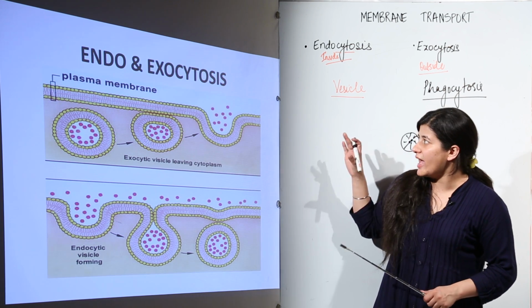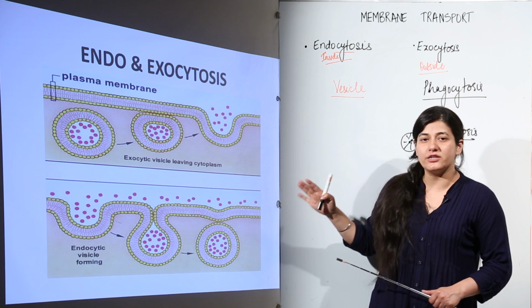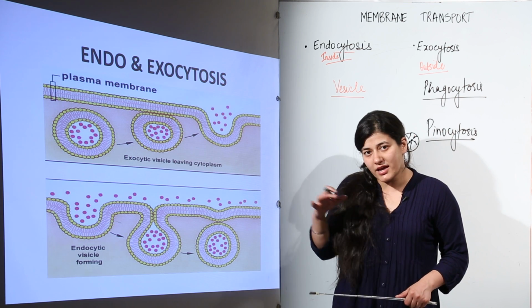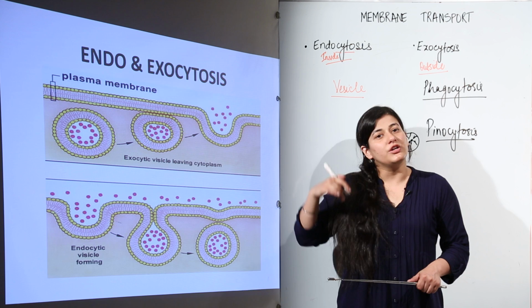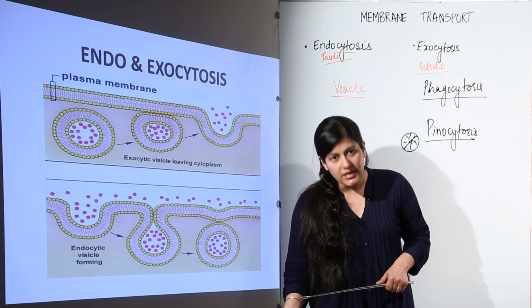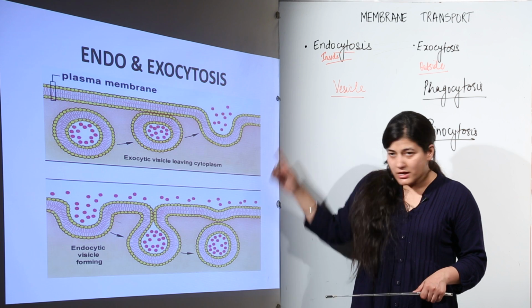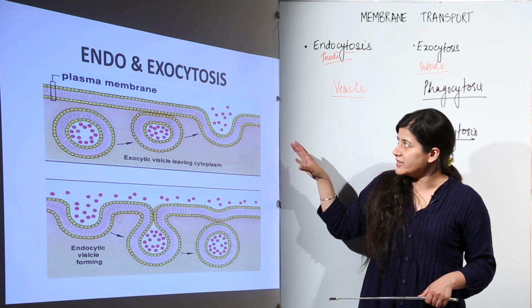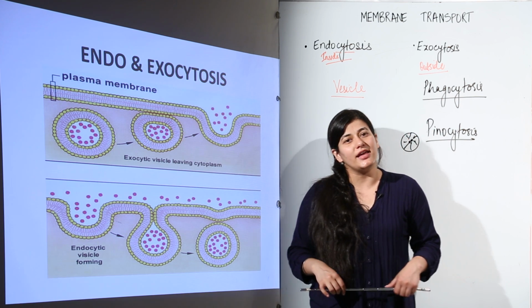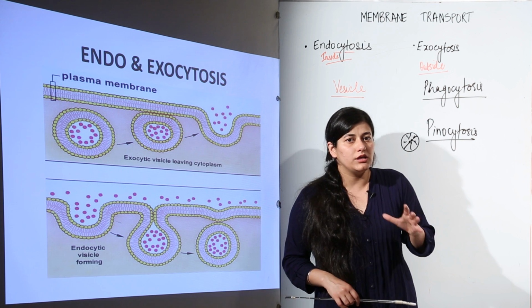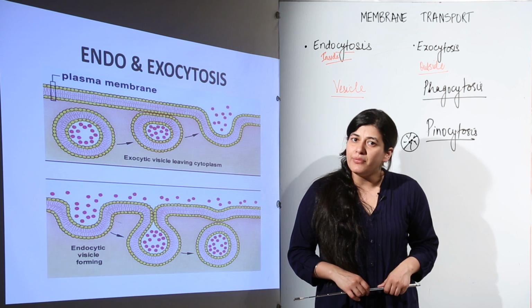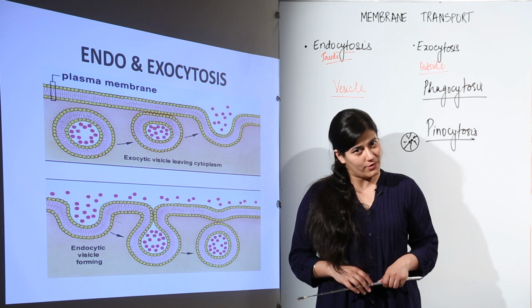So this is all we have to understand about endocytosis and exocytosis. Of course, there is membrane transport by diffusion taking place, but at the same time there are certain particles which have to be thrown out in these ways. So for that we understand endocytosis and exocytosis, and this is all we need to understand about membrane transport across the cell. Okay, thank you.